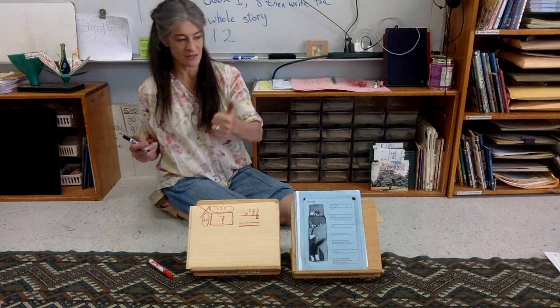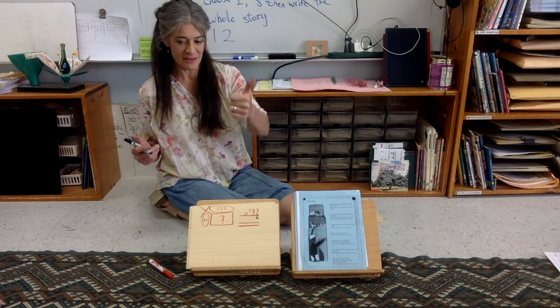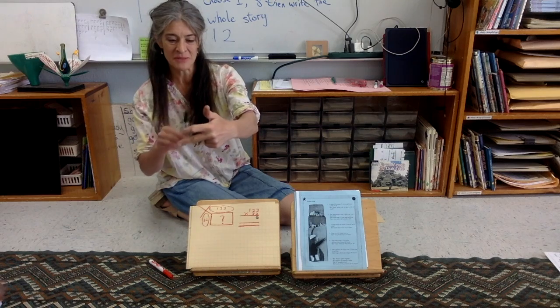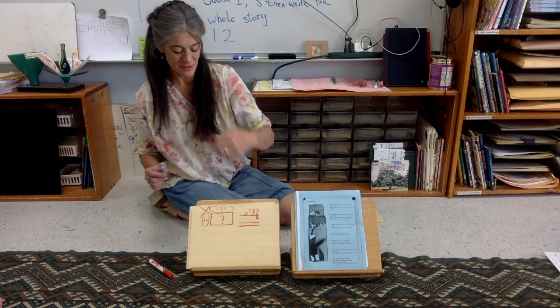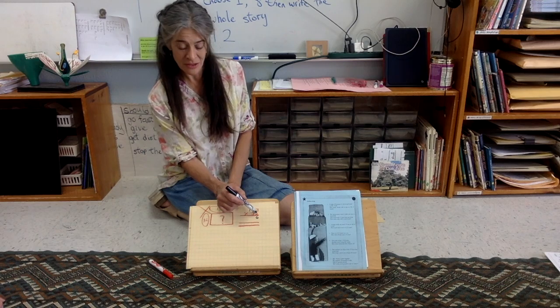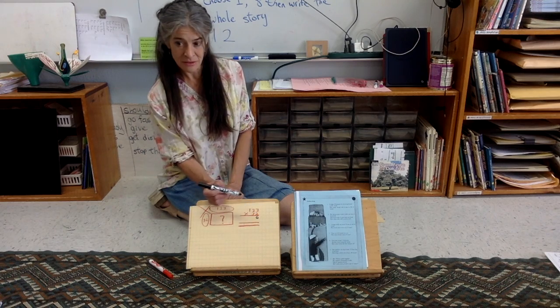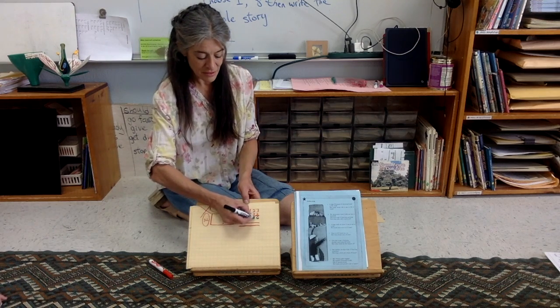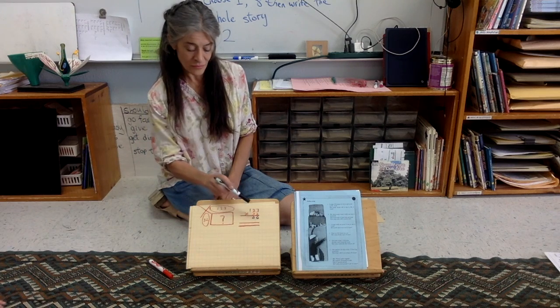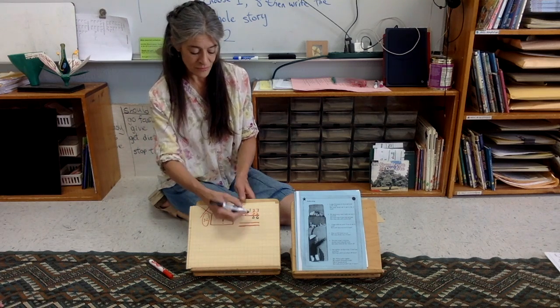You went 3, 6, 9. That's 3 times 3. You just want 2 of them. So 3, 6. Okay. Back to the 2. 2 times 2 is 4. And 2 times 1 is 2.